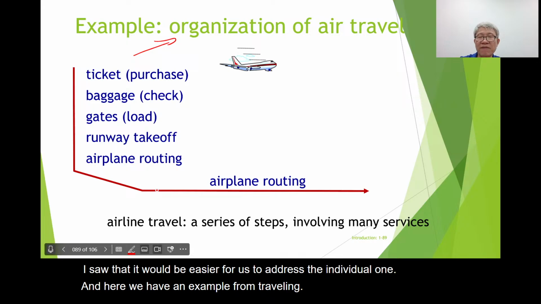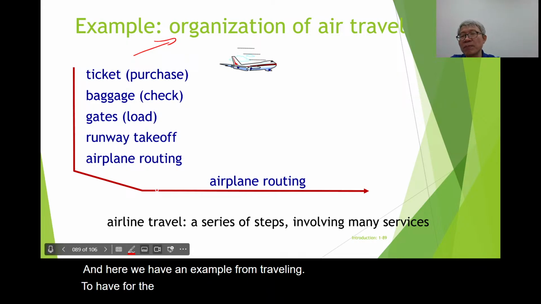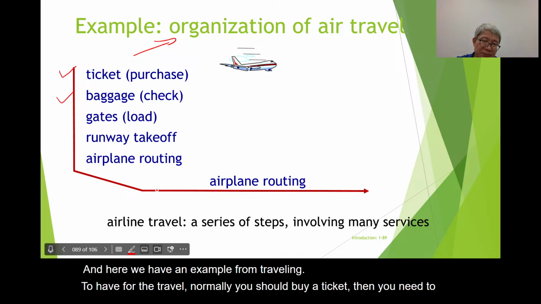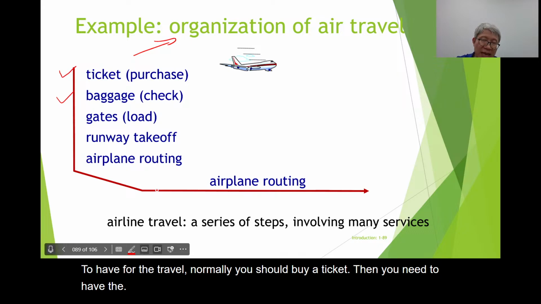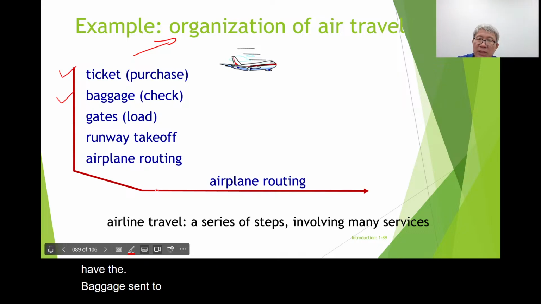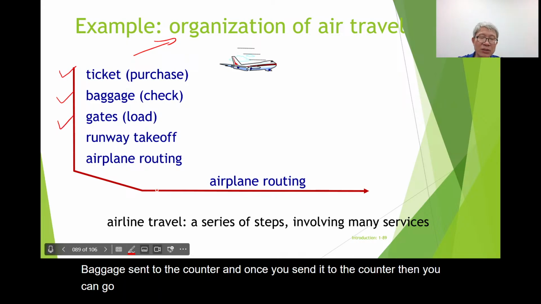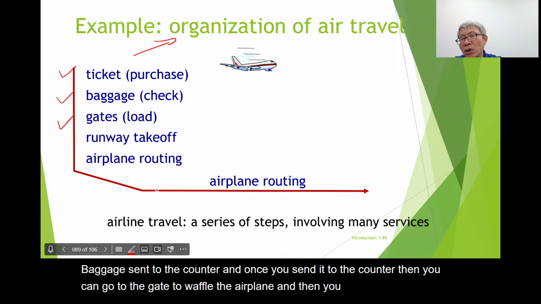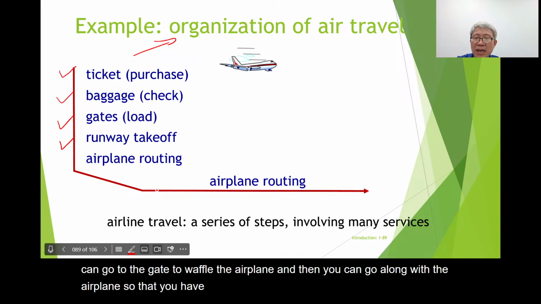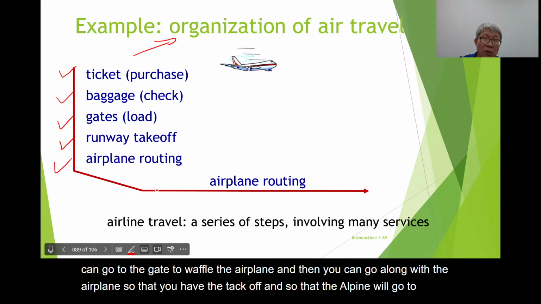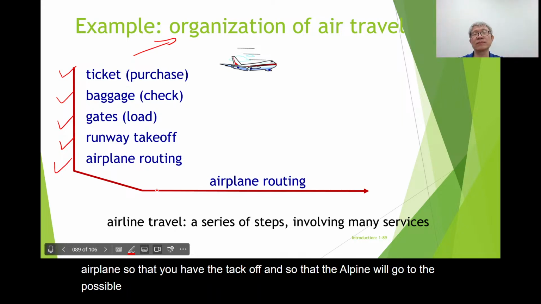Well, to have the travel, normally you should buy a ticket, then you need to have the baggage sent to the counter. And once you send it to the counter, then you can go to the gate to wait for the airplane. And then you can go along with the airplane so that you have the takeoff, and so that the airplane will go to the possible next hub or the destination.